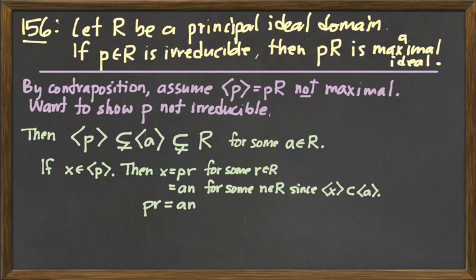So let me just make a suggestion. Not a suggestion, a question. I want to know what's behind the choice you made when you said, let X be an element of the ideal generated by P. And then you go on to make some statements about X. But it's not really X that we care about.